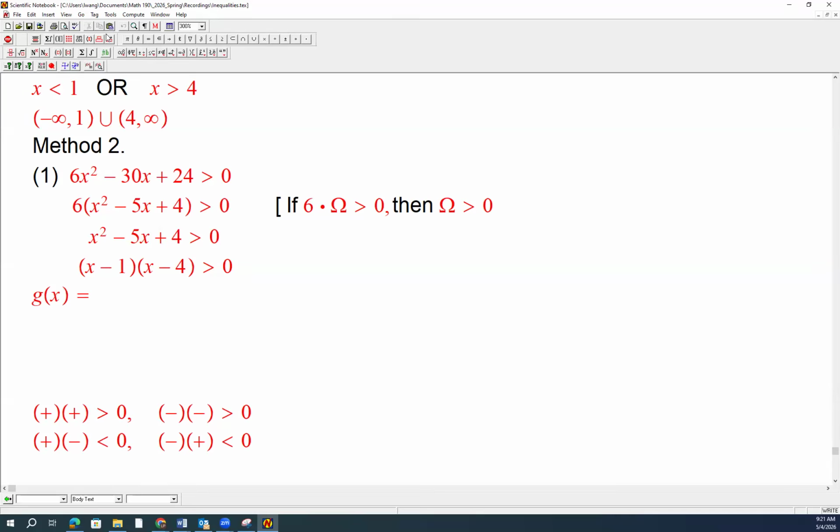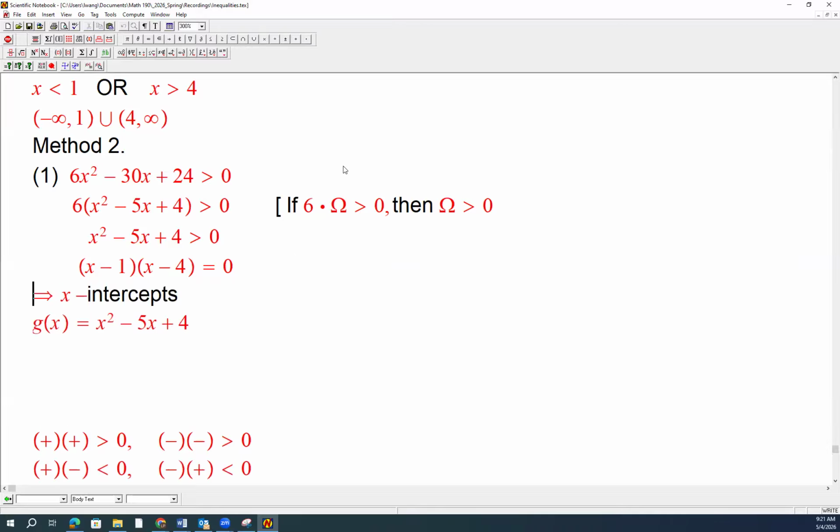This is our function g. Our function g is a quadratic function. It's a parabola. So I'm going to set this piece equal to 0, so I will find the x-intercepts.